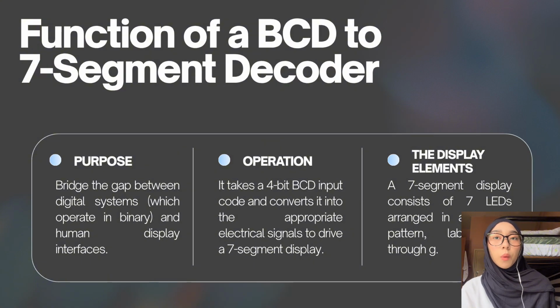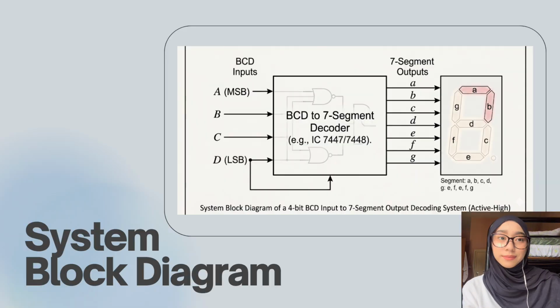For the operation, it takes a 4-bit BCD input code and converts it into the appropriate electrical signals to drive a 7-segment display. Next, the display elements. A 7-segment display consists of 7 LEDs in a pattern labeled A through G. I would like to show this in the next slide.